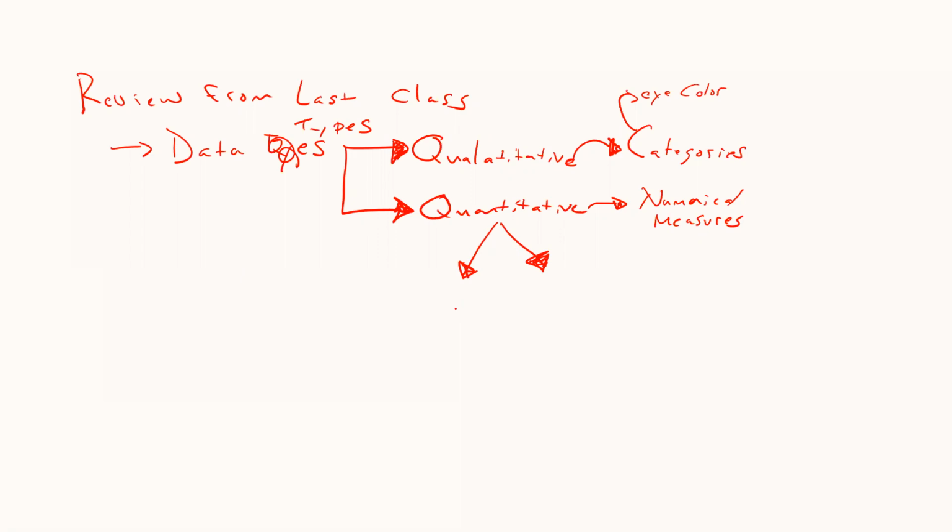Someone was just saying, yep, there was discrete and continuous. All right, discrete data tended to be counts. The example that I talked a bunch about was the number of cups of coffee I have per day.